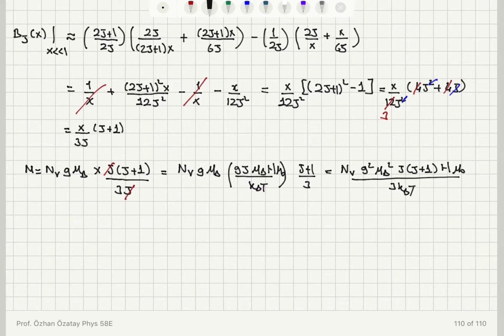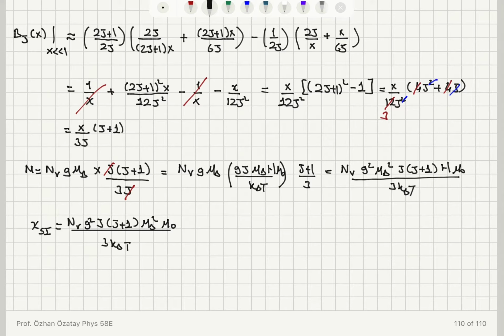So this will basically turn into a susceptibility in SI units, that is the number density N_V g squared J(J+1) Bohr magneton squared mu 0 divided by 3kBT.